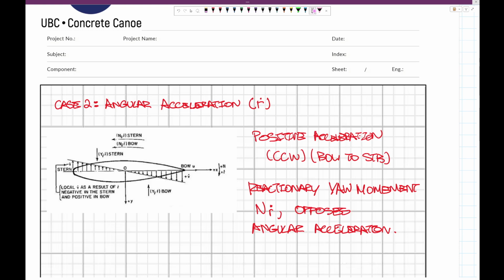So if you had a positive angular acceleration, so positive r direction is in this direction, clockwise, and therefore your yaw is positive, then you're going to get a negative reactionary yaw moment that opposes that and wants to push the boat back that way.